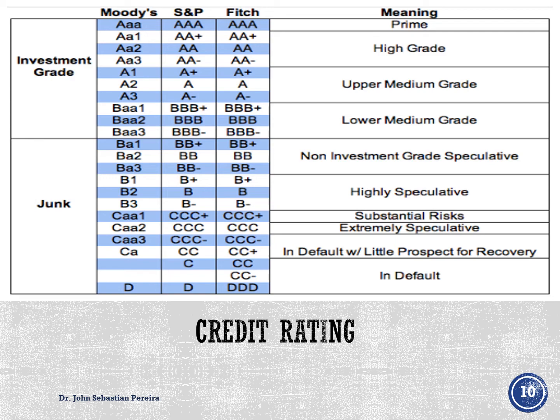AAA is the best. It is considered a prime or high-grade investment option, and of course the cost of raising money through bonds for a AAA rated company would be much lower than for a triple D rated company.